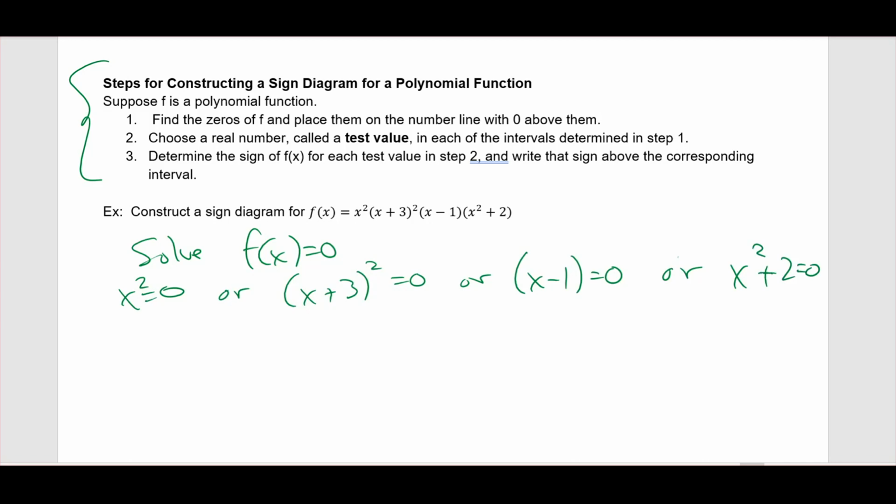One of those factors has to be 0, right? Okay, if any of these things are 0, that's what we want. So we can solve these, right? This one we would have x equals 0, that's it. This one we'd have x equals -3. This one we'd have x equals 1. And this one, what is this one going to be? Plus or minus the square root of -2. So this has no real solutions.